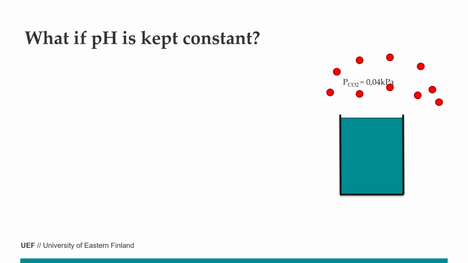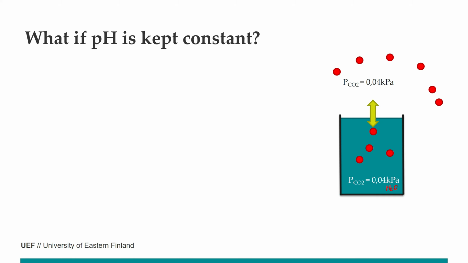Okay, so what if we keep the pH constant? How to keep it? First of all, have a beaker. So here we have water, and in the atmosphere the partial pressure of carbon dioxide is 0.04 kilopascals, and it will be dissociated in the water until the partial pressure in the water is the same, so they are in equilibrium.